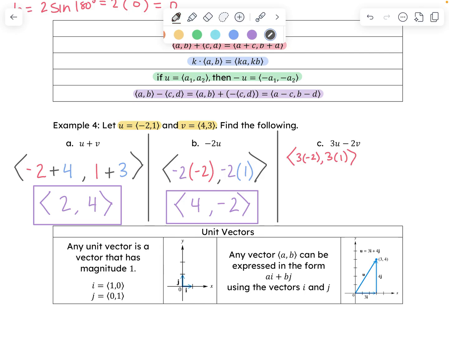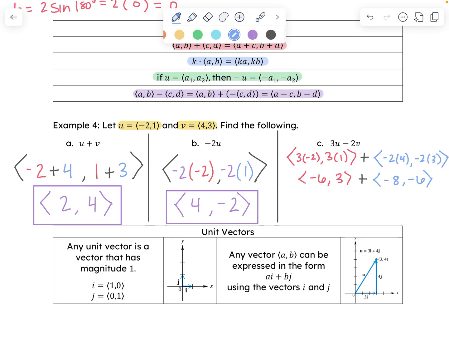Then I'm going to change it to plus, and I'm going to multiply the v vector, both parts, by -2. So -2 times 4 and -2 times 3. So for 3u, that gets me -6, comma, 3. And for the -2v, that's going to give me -8, comma, -6.